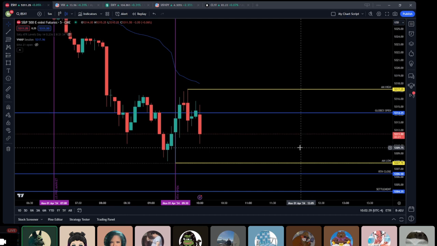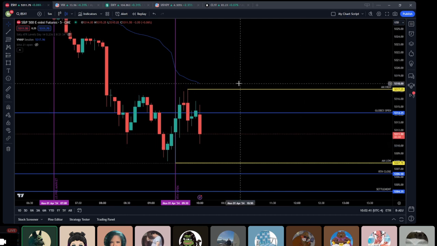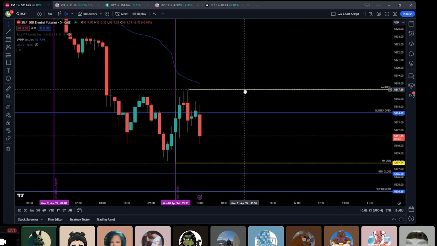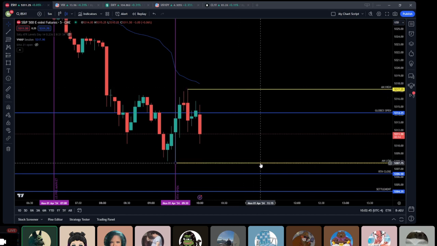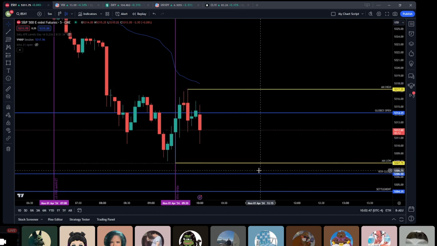I still believe that we're going to retest the AM highs before we retest AM lows. But I could be wrong. We were now just 2 ES points from tapping it.